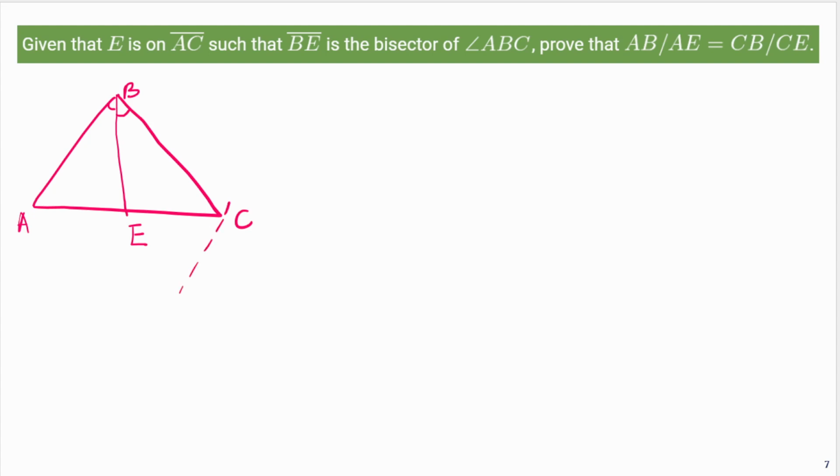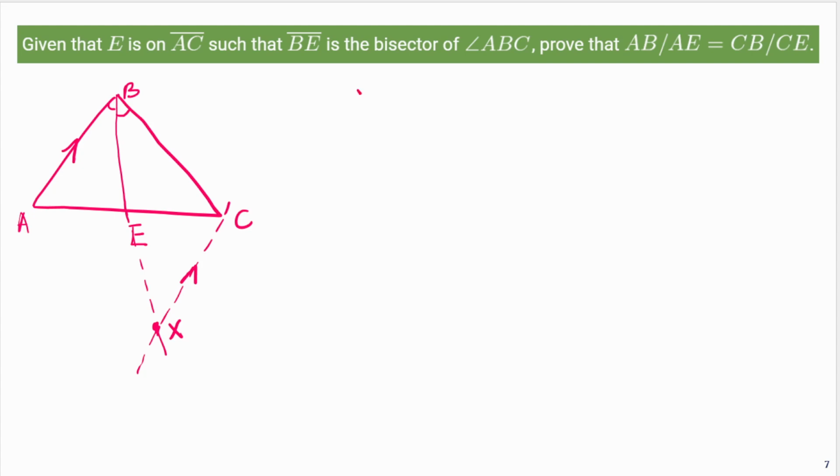So draw a line here and extend BE past E to hit this new line at some point X. This is also possible, right? Note that CX here is parallel to segment AB.